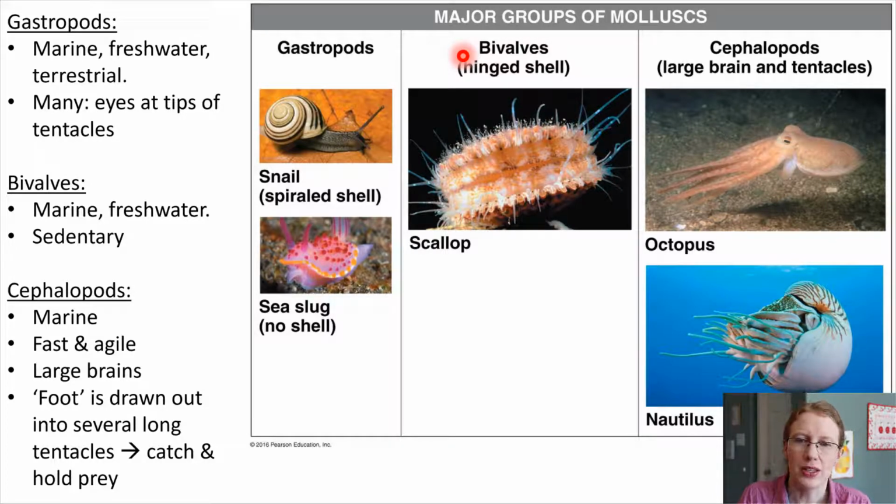Anyway, all cephalopods have a large brain, and they are all marine. They are really fast and they are really agile. The foot in the body plan of a cephalopod is actually drawn out into these long tentacles. So a slightly different arrangement, but those tentacles are doing the same thing as a foot. They're allowing for movement, and they allow the cephalopod to catch and hold on to prey.